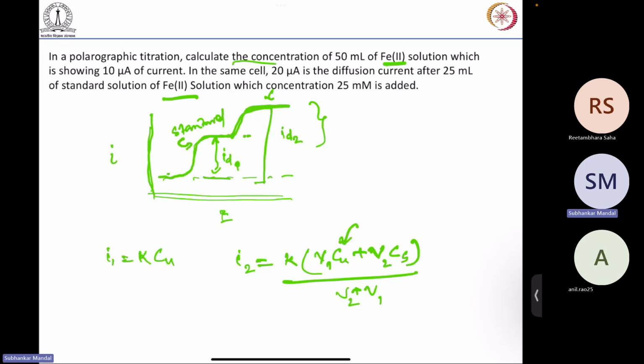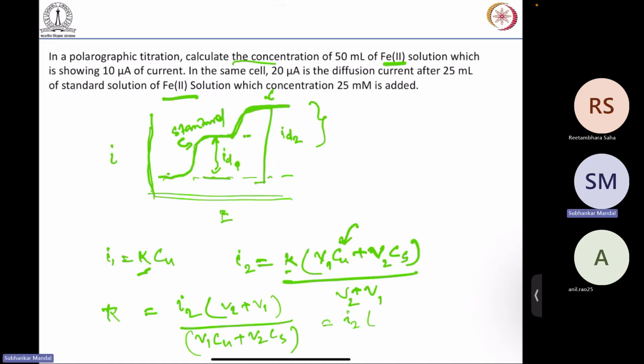Then what we can do is calculate this, here also K, here also K. So I can write the K value as I2 times V2 plus V1, divided by V1 Cu plus V2 Cs.